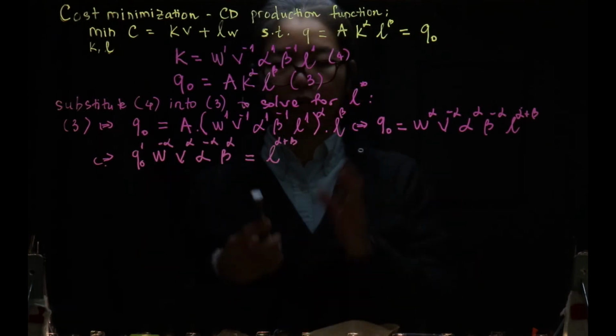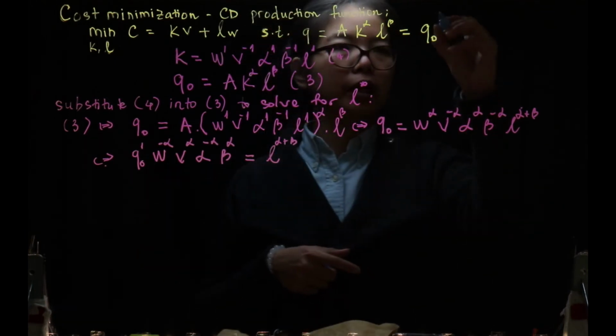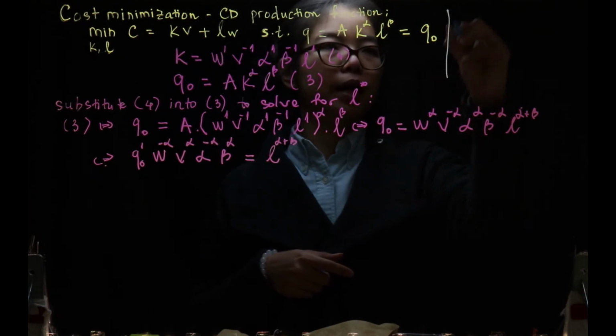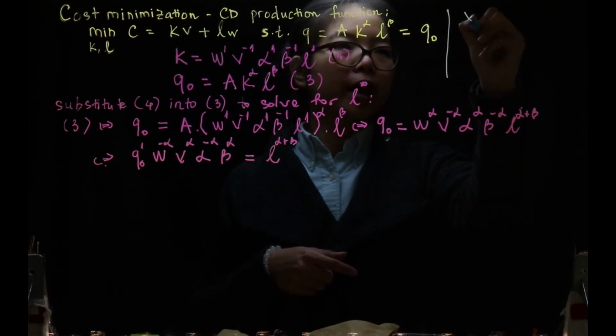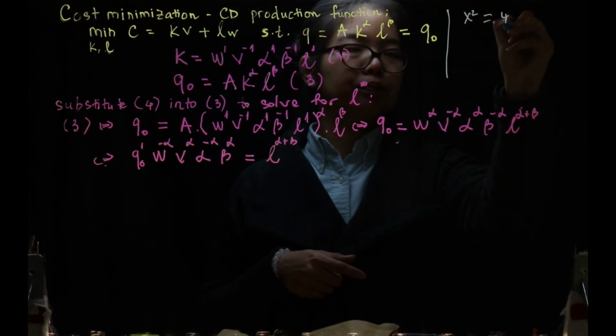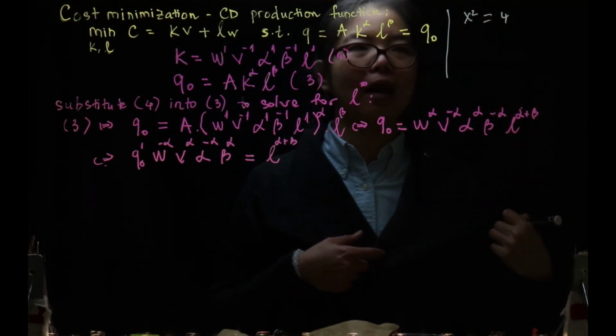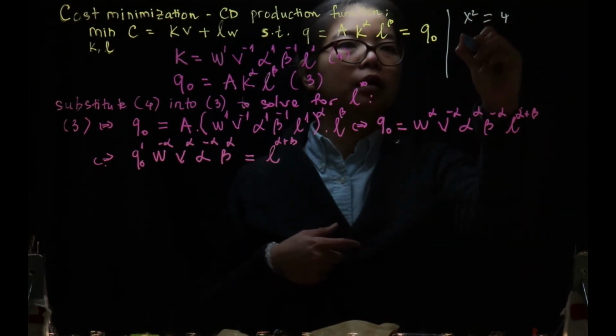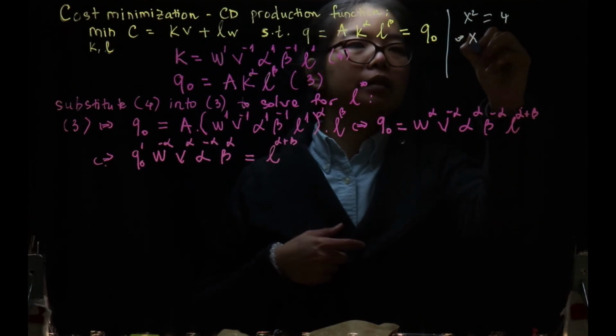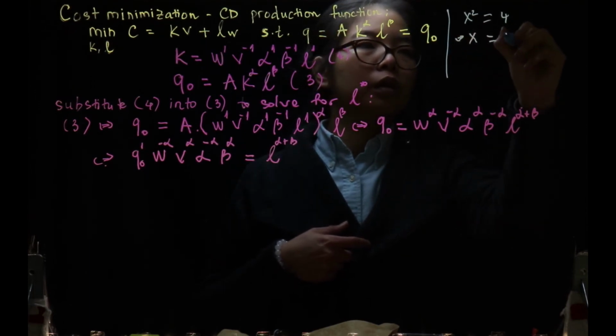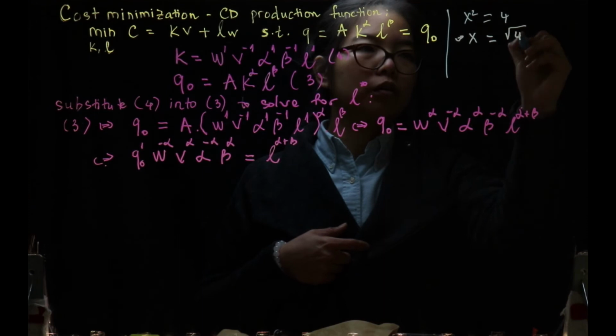How to solve it further for L? How to get rid of the exponent? Quick reminder, for example, you have x squared equal 4. How can you solve it for x? So that means x equals the square root of 4, right?